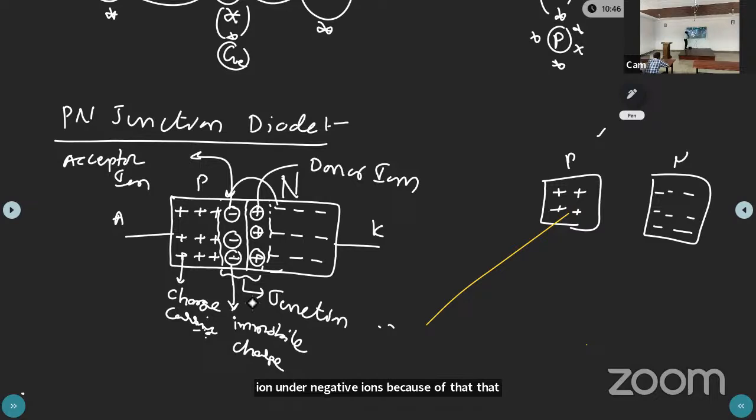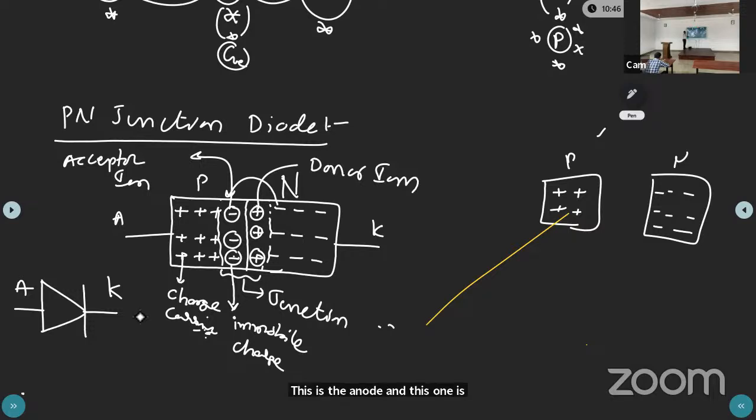Now the symbol of this PN junction diode: this is the anode and this one is the cathode. This is the arrow symbol, and this is called the junction.